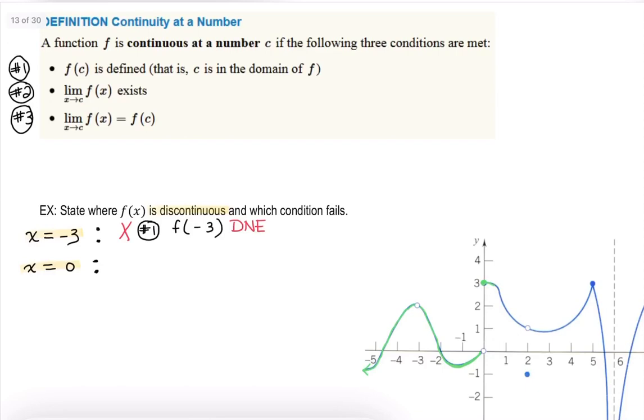So let's go through our 3-step checklist here. We start to look at, well, is f of 0 defined? And it is. f of 0 is equal to 3. Okay, so it passes my first step. Then I go on, using proper notation, FYI. I want you to be able to use proper math notation to determine what is the limit as x approaches 0 of this function.